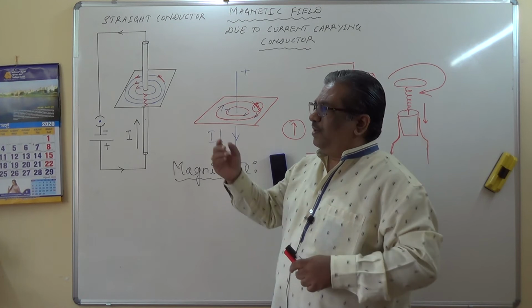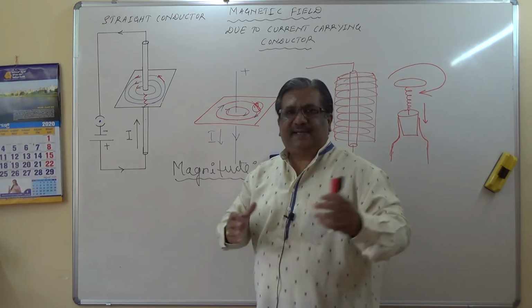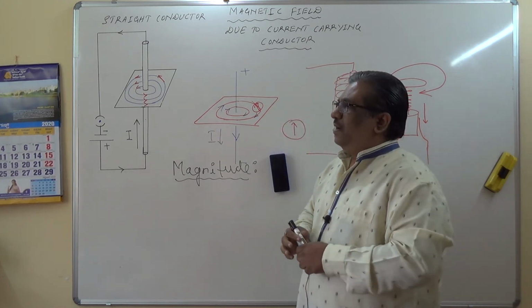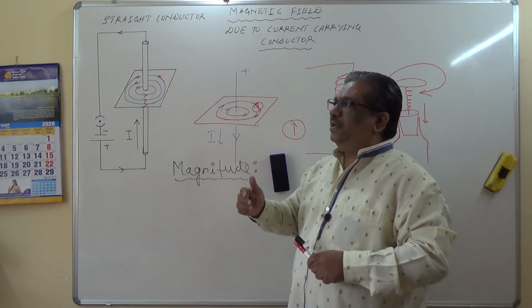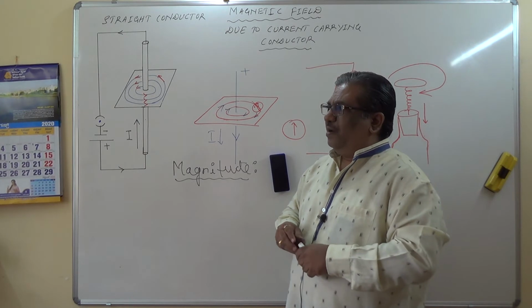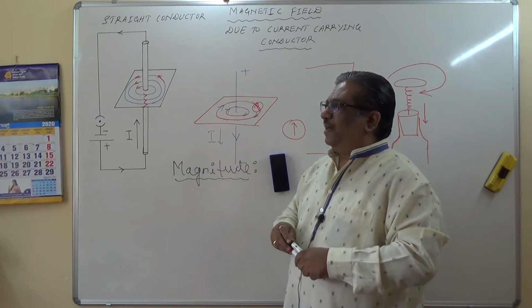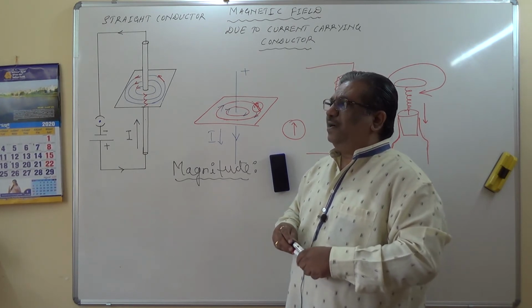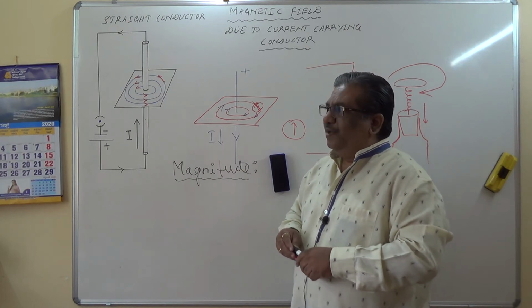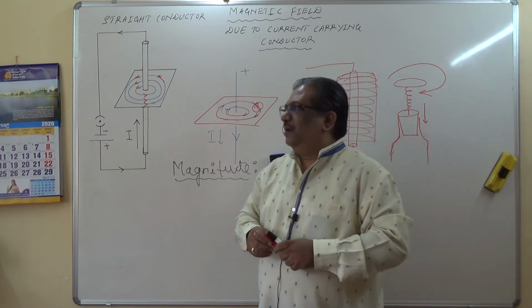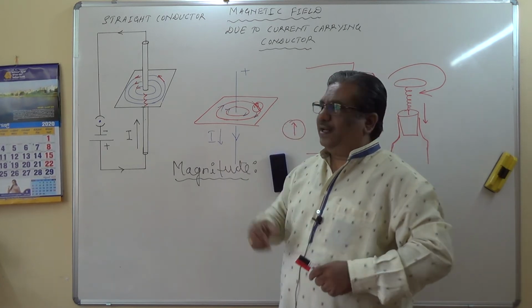Now there is one small numerical example. Let us see that. A current through a horizontal power line flows in east to west direction. What is the direction of magnetic field at a point directly below it and a point directly above it? So I will read the solution first and then we can analyze.